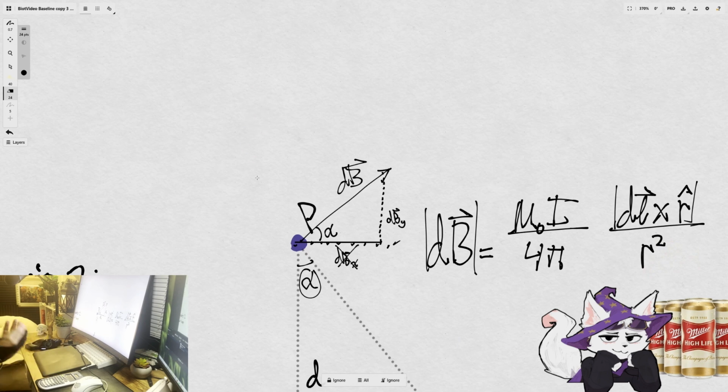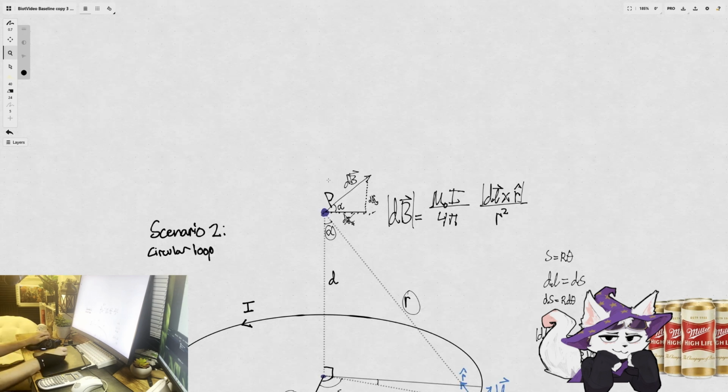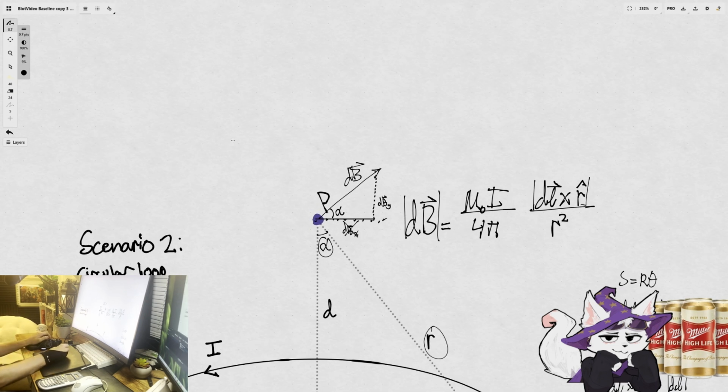Now we're just concerned with the y component of our magnetic field. So remember the angle we found here, we can call the sine of that angle to be our dBy divided by dB. Multiply by our dB, and now we're just left with our dBy.